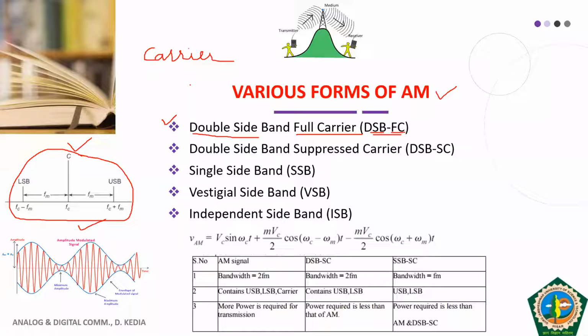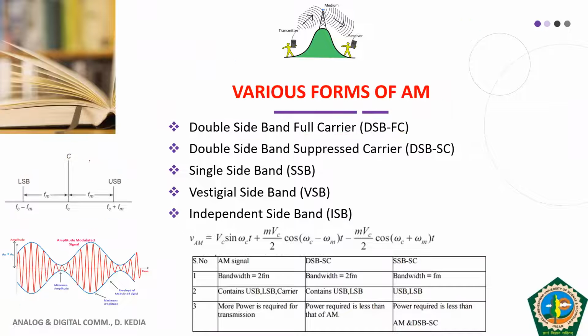And how did we obtain AM? When we obtained AM, we got three components. One component was VC, the carrier component. We obtained carrier, lower sideband, and upper sideband.